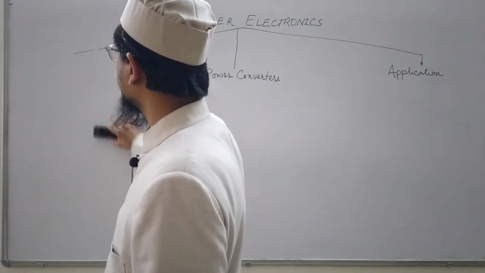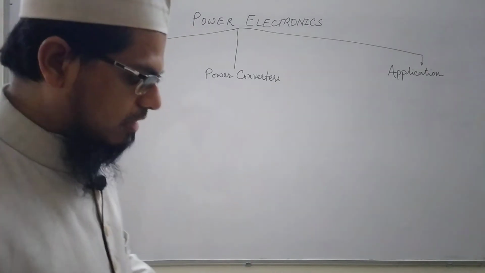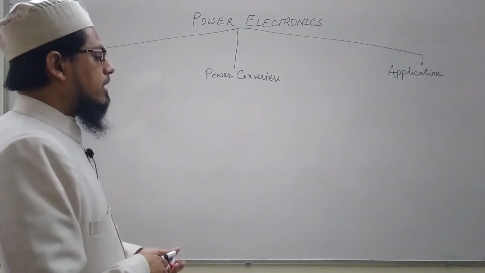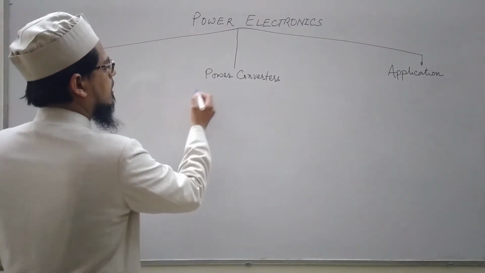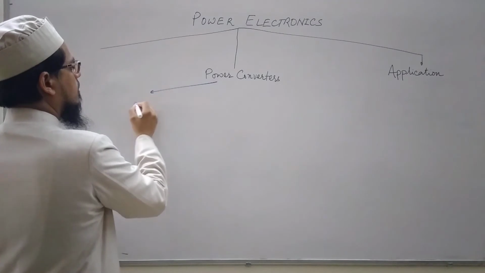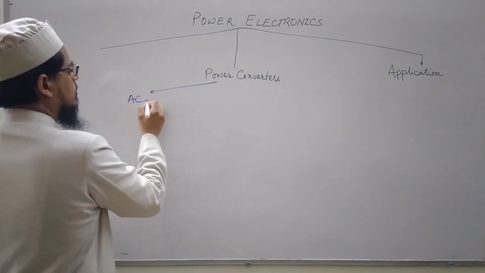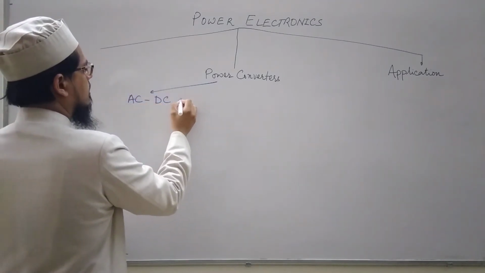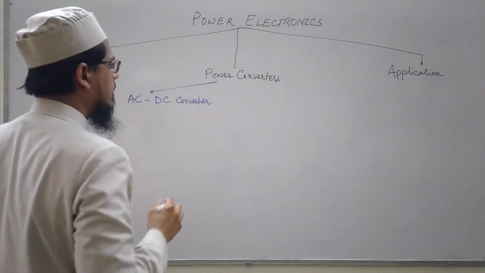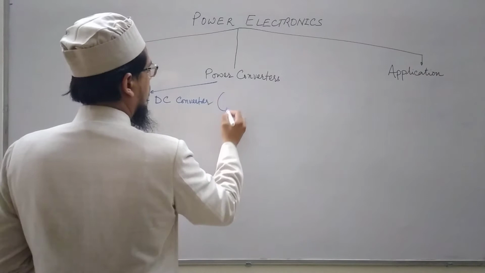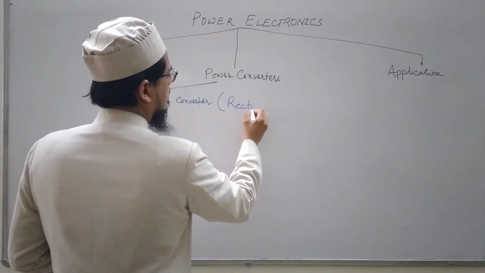Power converters, we can classify them into 4 types. The first being your AC to DC converters, and they are also called rectifiers.